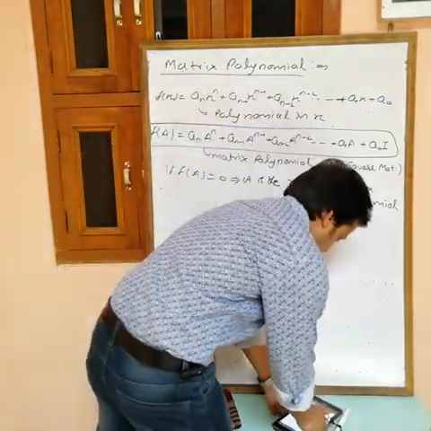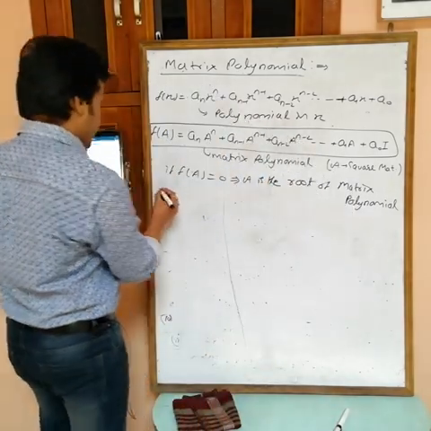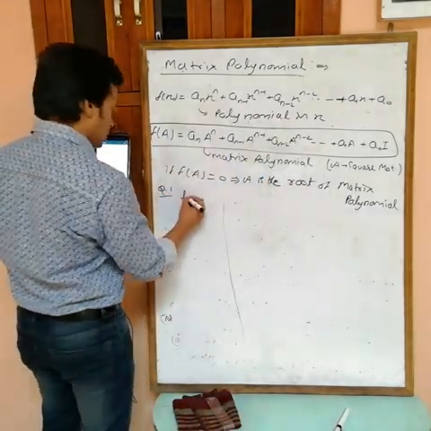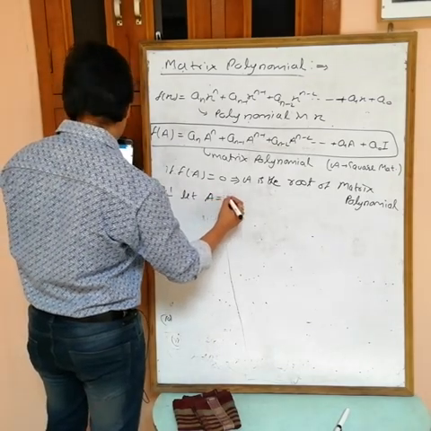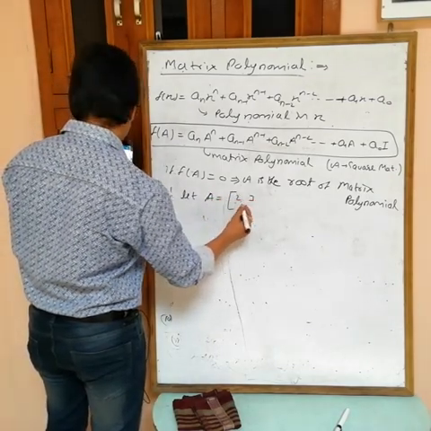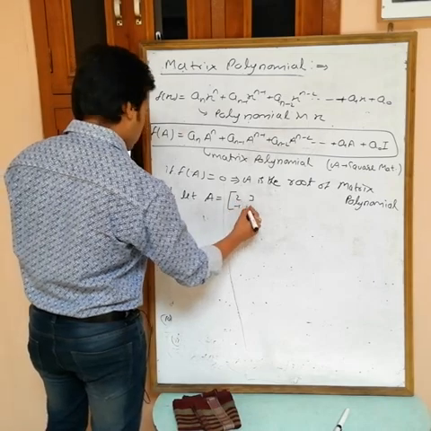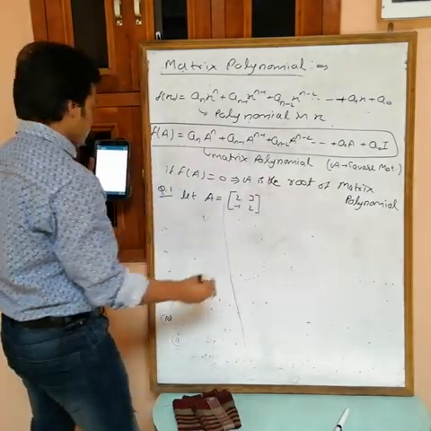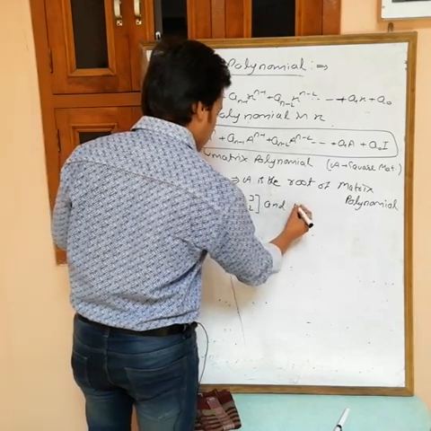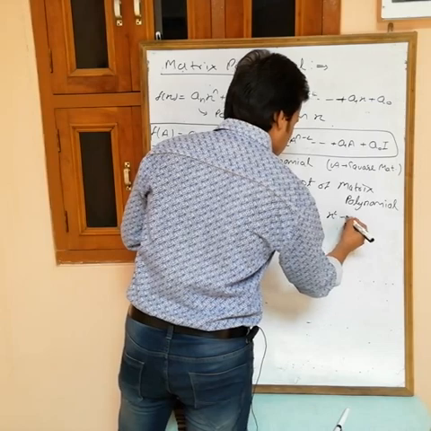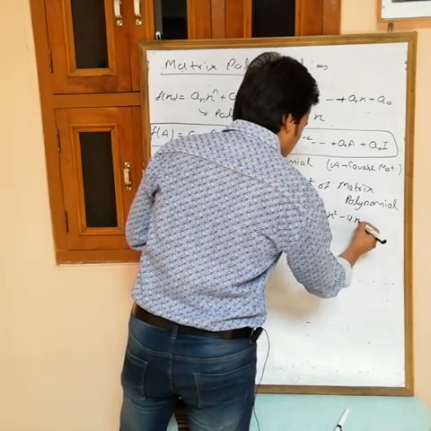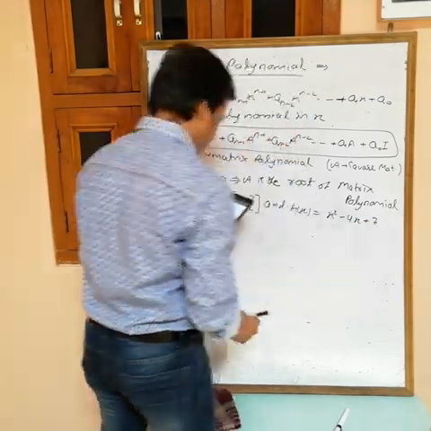I am taking one question based on this. See, write the question. Let A be the matrix with rows 2, 3 and minus 1, 2, and f(x) is equal to x^2 minus 4x plus 7.